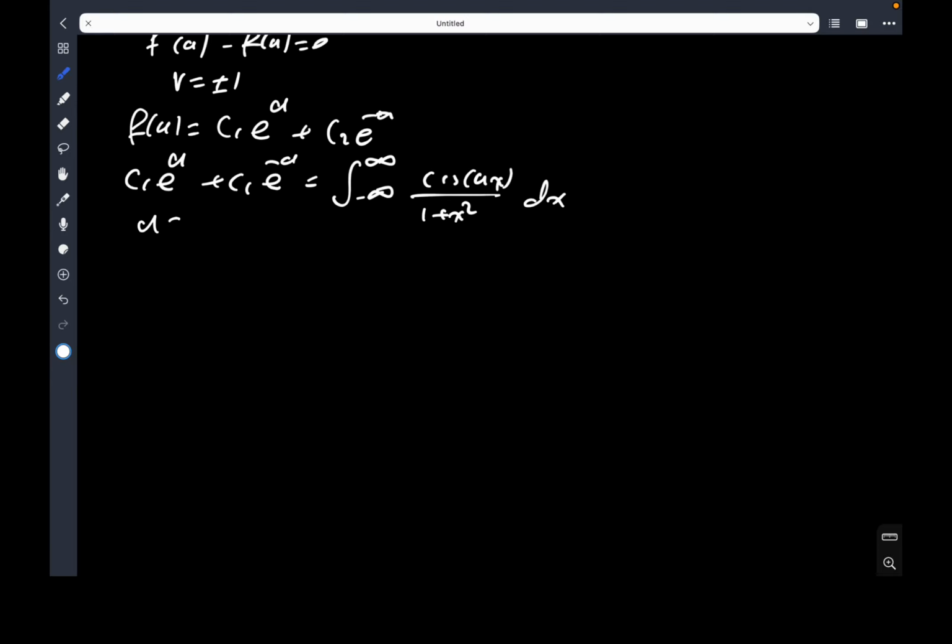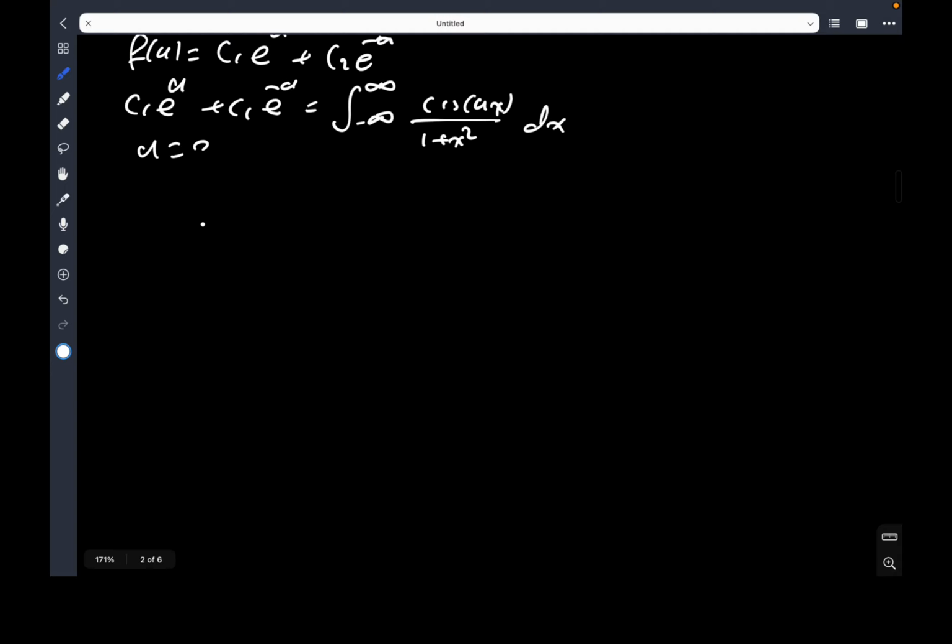And if I let a be 0, I'm going to get c1 plus c2, because e to the power of 0 is 1, equal to the integral from negative infinity to infinity of 1 over 1 plus x squared dx.